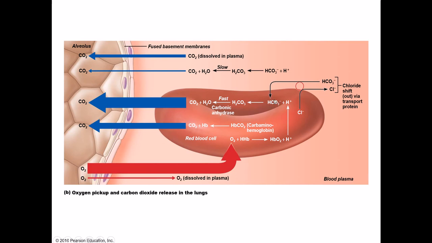This bicarbonate ion combines with protons, becomes carbonic acid. The carbonic anhydrase enzyme very rapidly converts it into water and CO2. That CO2 then leaves the red blood cell, diffuses across the plasma and into the alveolus. So we're getting oxygen being picked up from the alveolus and carbon dioxide being released into the alveolus so we can exhale it and get rid of it.